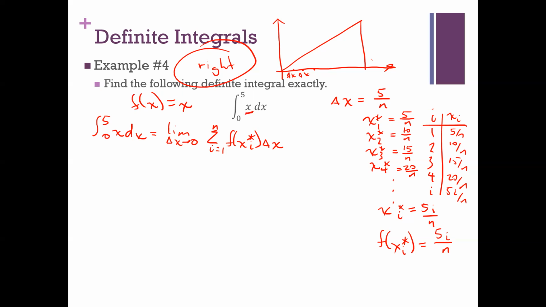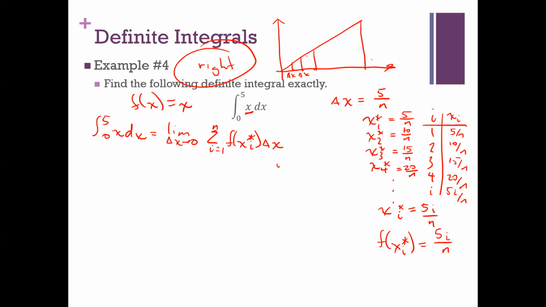What does f of x sub i star mean? What is that representing in this process here? I think we talked about what x sub i star represents, right?